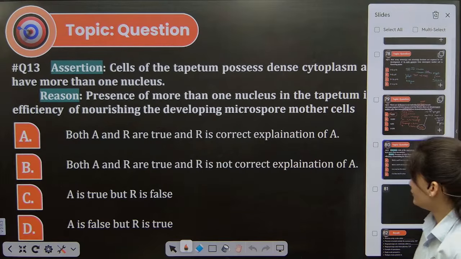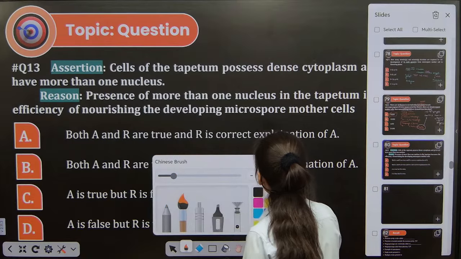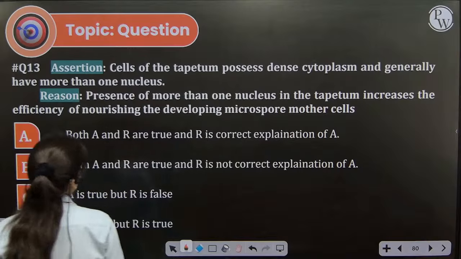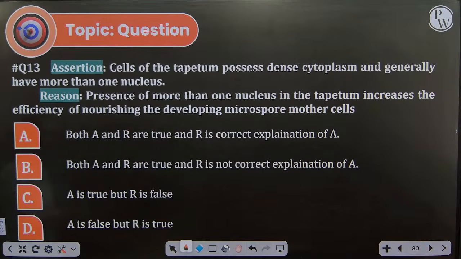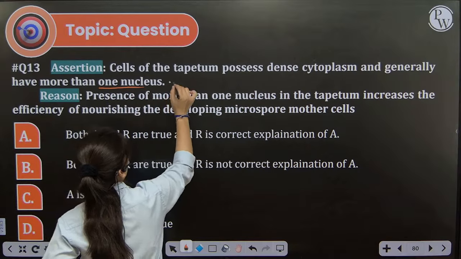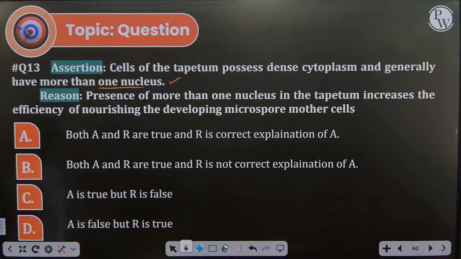Now, next question. Assertion reason based. Cells of the tapetum possess dense cytoplasm and generally have more than one nucleus. Yes, they have more than one nucleus and dense cytoplasm. Assertion is true. Reason: presence of more than one nucleus in the tapetum increases the efficiency of nourishing the developing microspore mother cell.